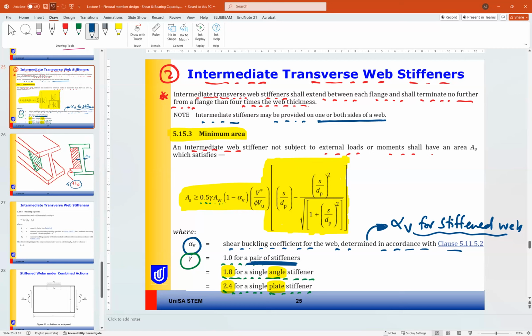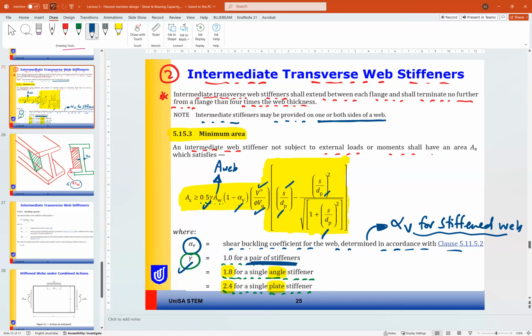Okay, so gamma is okay, α_v is okay, A_w is the area of the web, V* is the design shear, V_u is the shear capacity, s is the spacing, d_p is the clear depth of the web.